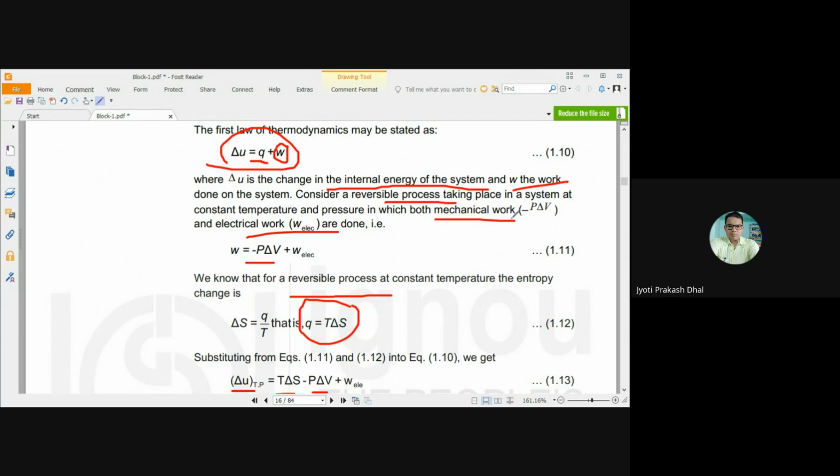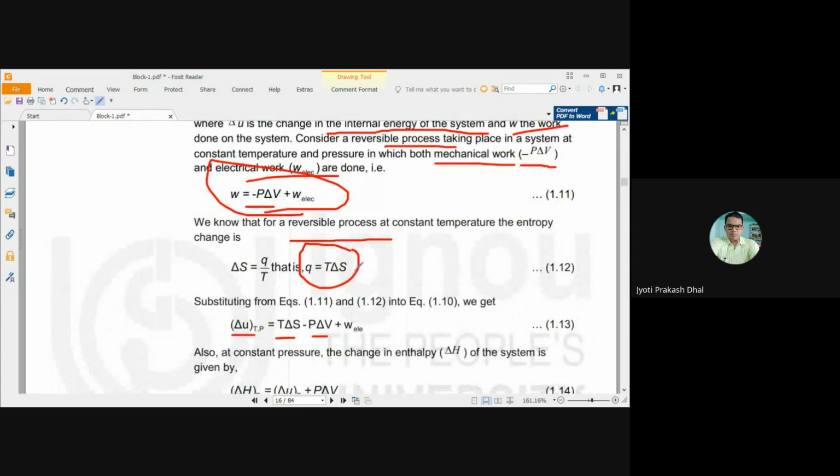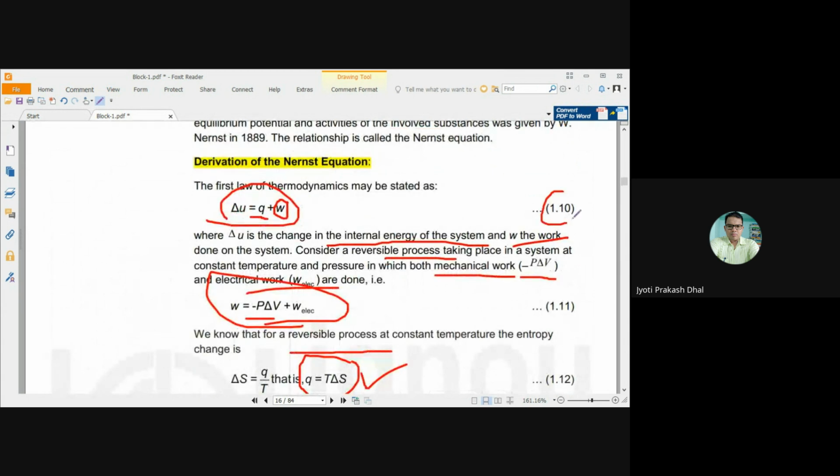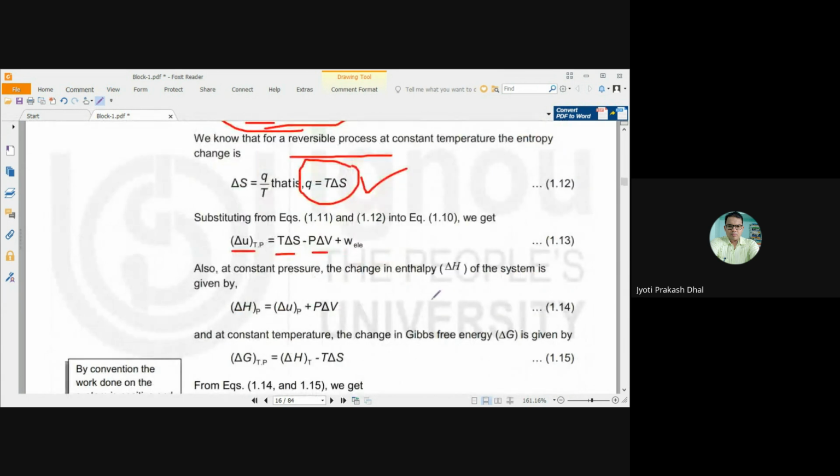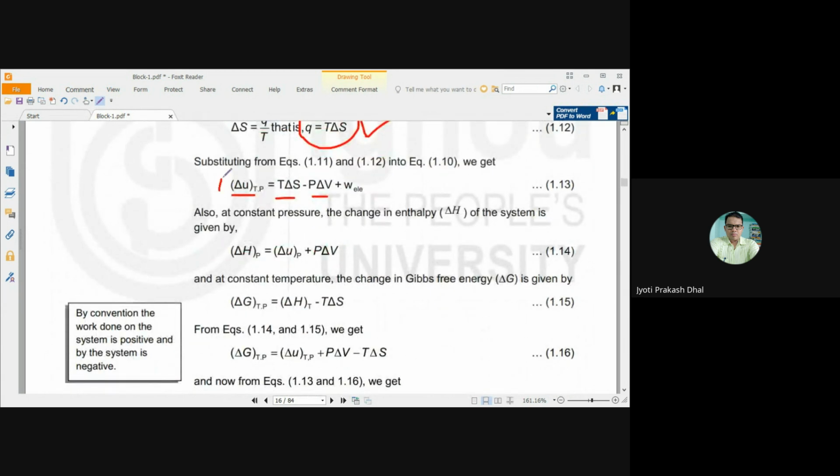The mechanical work is minus PΔV, and the electrical work is W electrical. So in place of W, we can write minus PΔV plus W electrical, and in place of Q, we can write TΔS. So equation 1.10 can be written as ΔU at constant temperature and pressure equals TΔS minus PΔV plus W electrical.